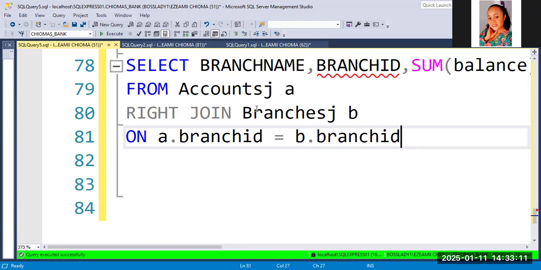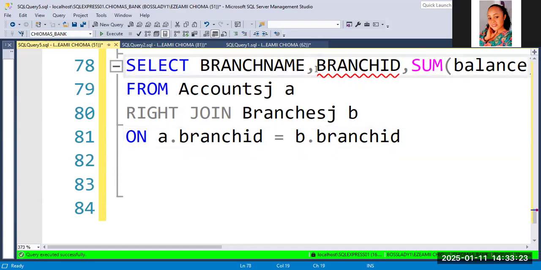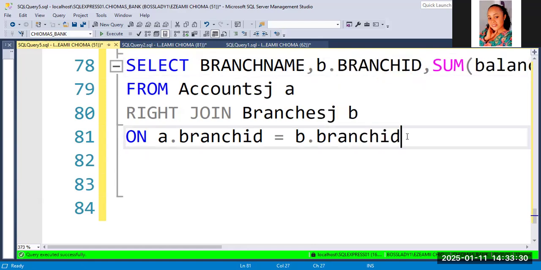Remember, if you run it like this, it will not give you a meaningful result because we want branch level. So that's why you have to group it. Grouping will enable you to get the exact thing you're looking for. So from our branch table, B dot, that's where we need this branch ID from.